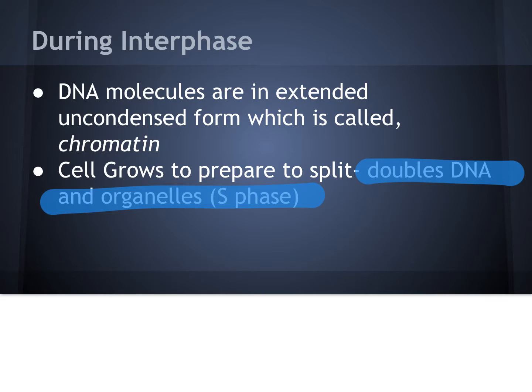All right, the DNA, while it's in interphase, is kind of just sitting there nice and uncoiled in a form we call chromatin. Okay, this is an uncondensed, not coiled up form of DNA. Okay, so that nice double helix you've seen, it kind of just is sitting out there nice and loose.